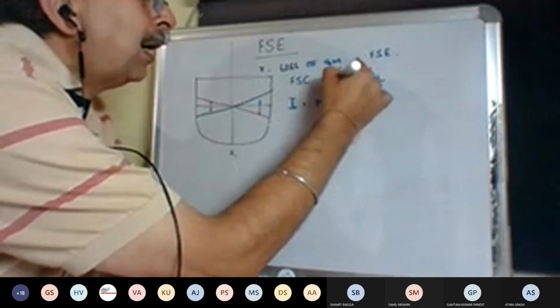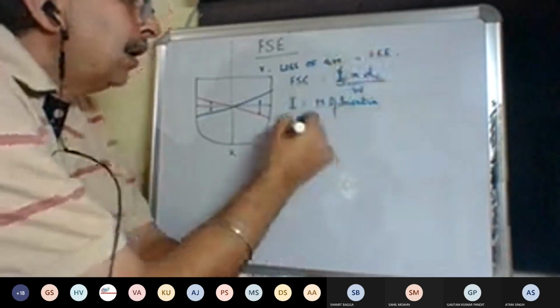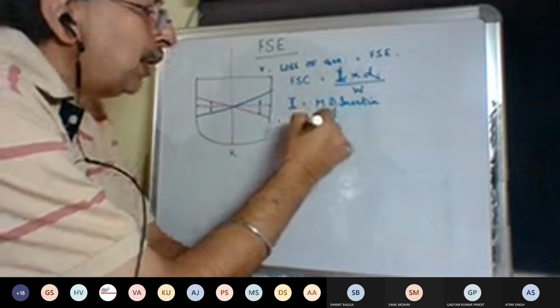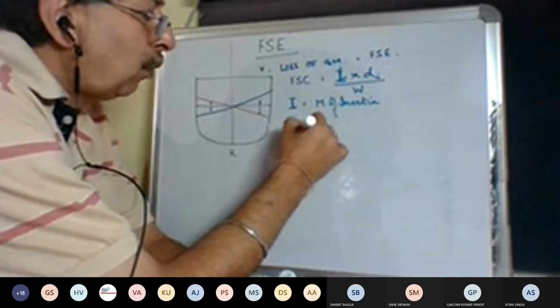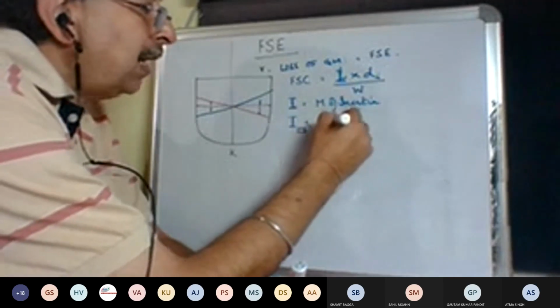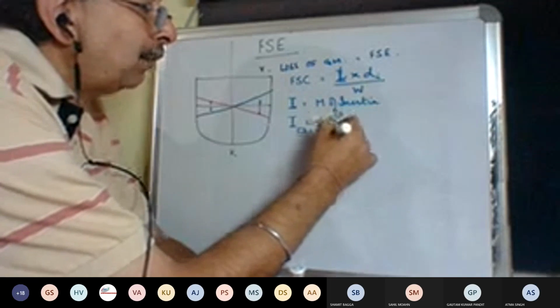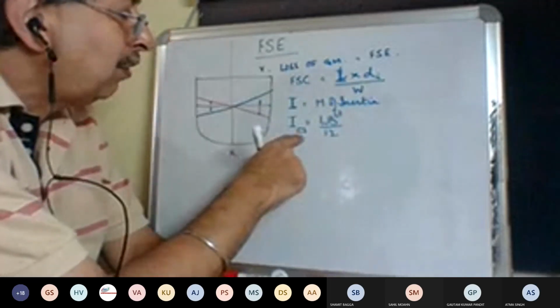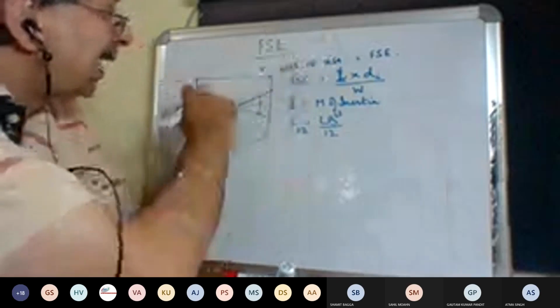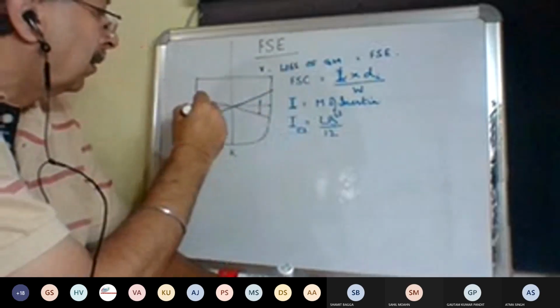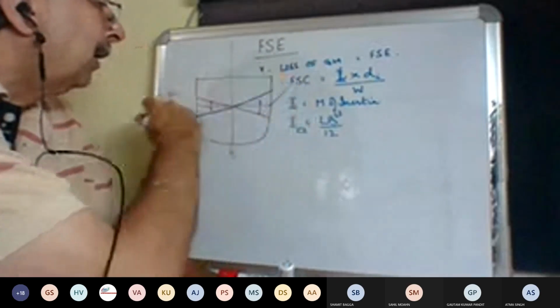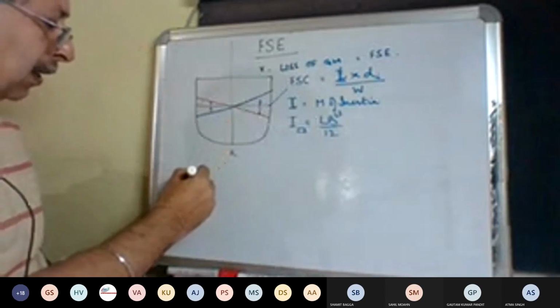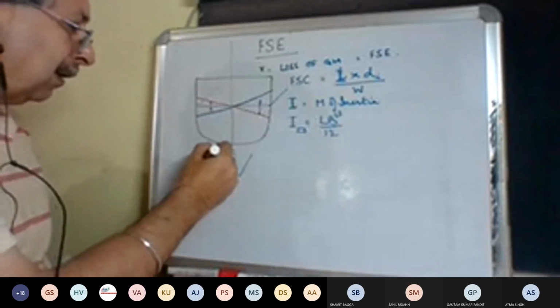I, moment of inertia, for a rectangular water plane is LB cube by 12. This water plane is a rectangle.